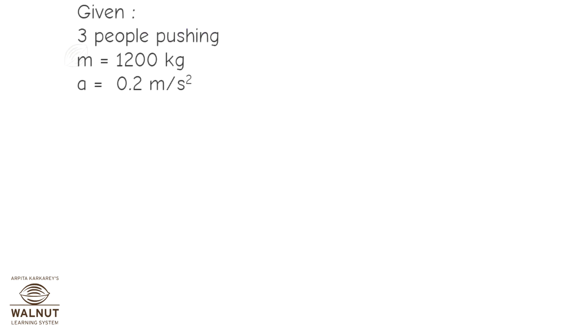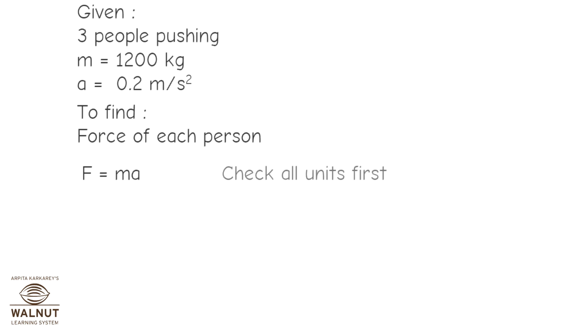We are given 3 people are pushing the motor car. m is equal to 1200 kgs. a is equal to 0.2 meters per second square. We have to find the force of each person. F is equal to m into a. Check all units first.